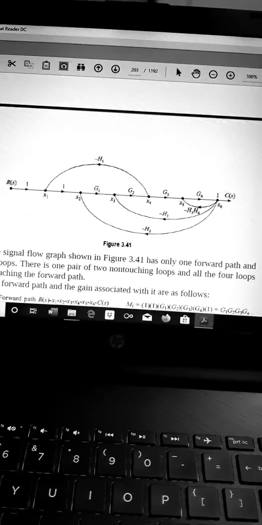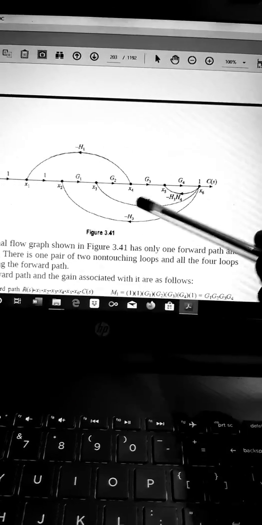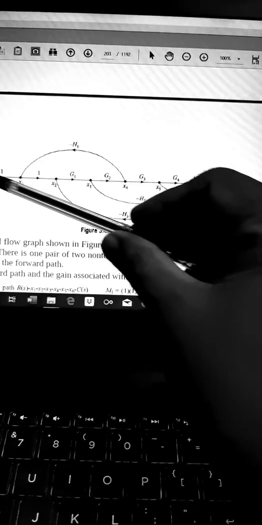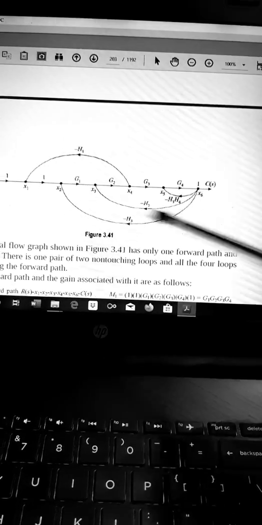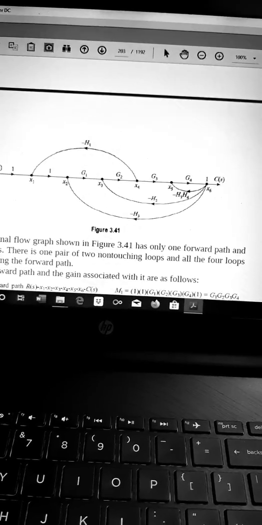Now when you are analyzing this circuit, you can see that there is only one forward path. See here, all the arrows are towards back, so there is no other forward path, only one forward path. And how many loops?